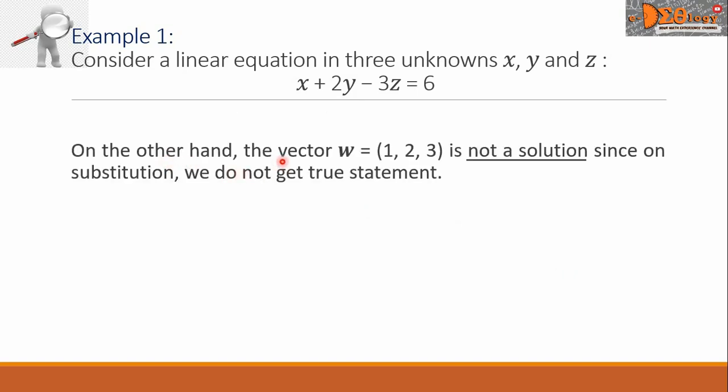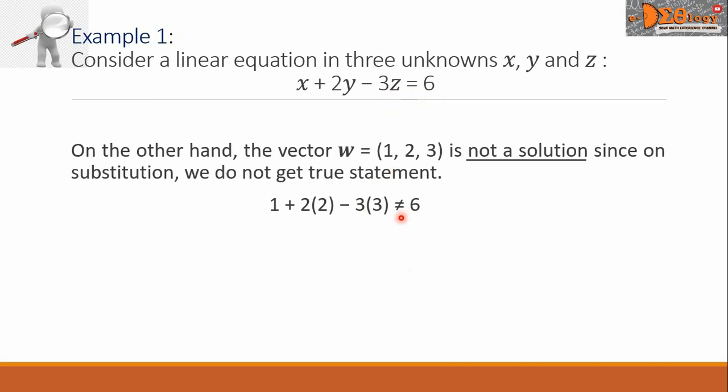On the other hand, the vector w equals (1, 2, 3) is not a solution, since on substitution we do not get a true statement. Let us substitute. The x becomes 1 plus the 2y now becomes 2 times 2 minus the 3z is 3 times 3 equals 6.